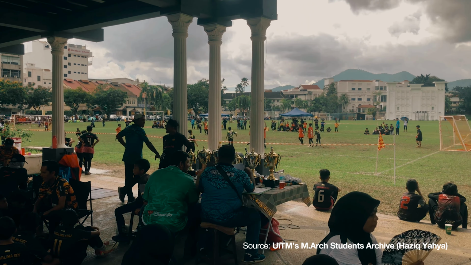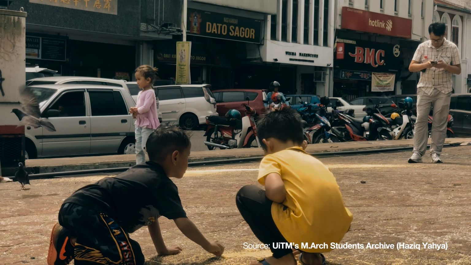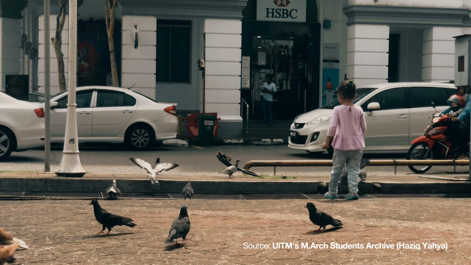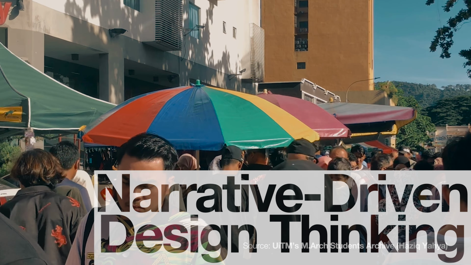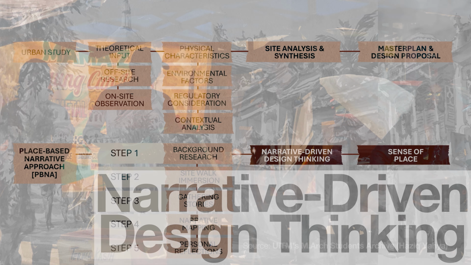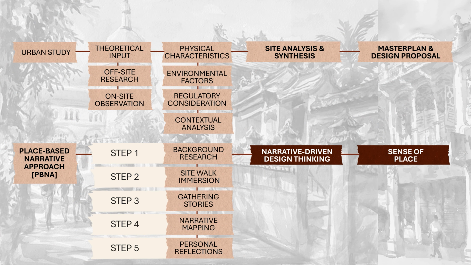By guiding students to gather, listen to, and reflect on local stories, this approach nurtures what we call narrative-driven design thinking. It means students don't just solve spatial problems, they reimagine places through the lens of lived experiences.